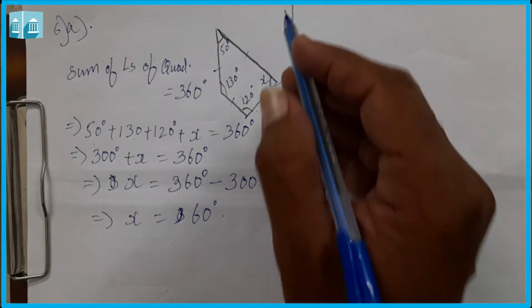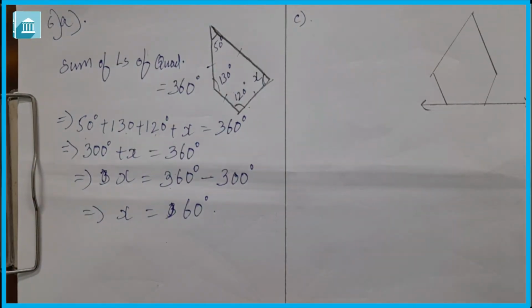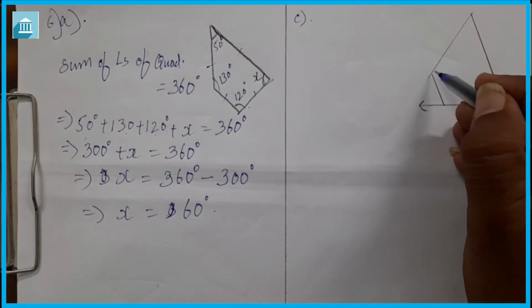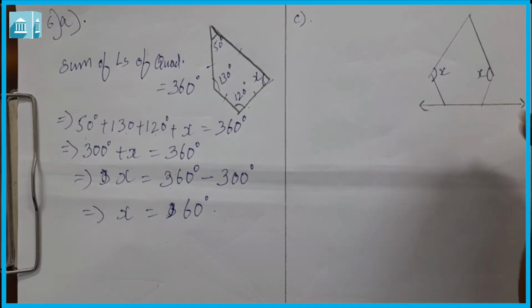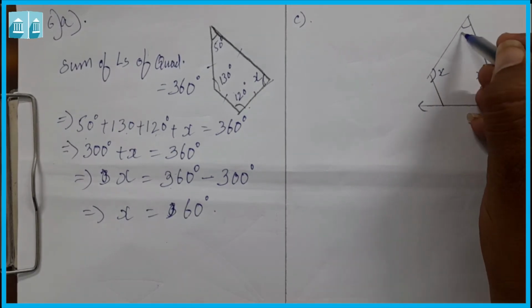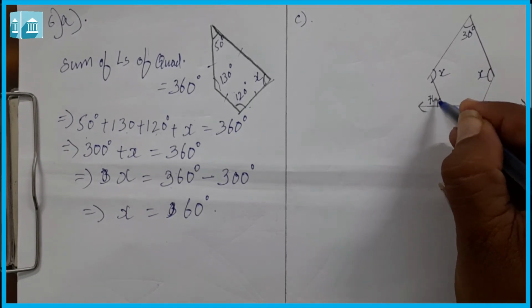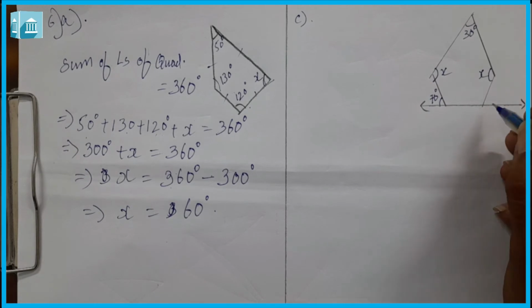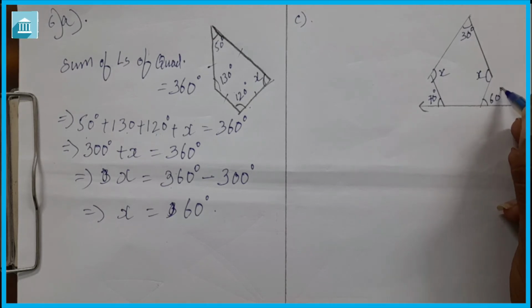Now in the same way, let us do question C. In C, this type of figure is given, where here it is given x, this is also given x, this angle is given 30 degrees, here it is given 70 degrees, and this is given 60 degrees.